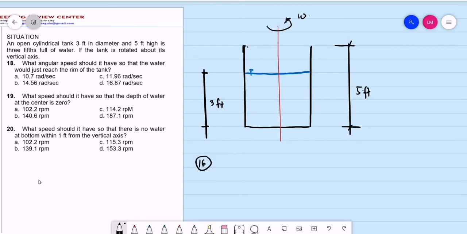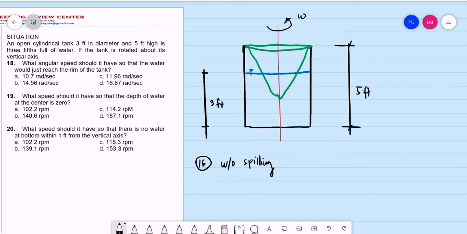If we rotate this tank, then what will happen to the liquid? The liquid will just reach the opening of the tank. So this will be the appearance of the paraboloid. This is the case of without spilling.